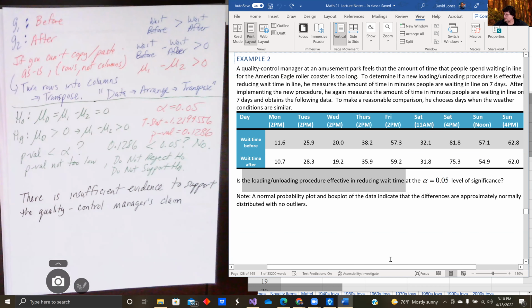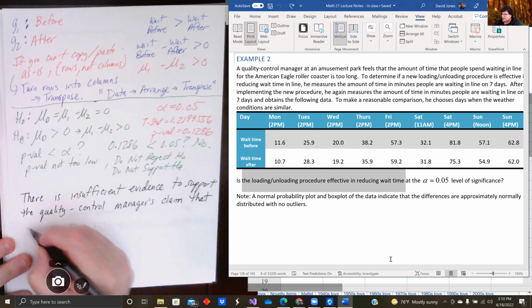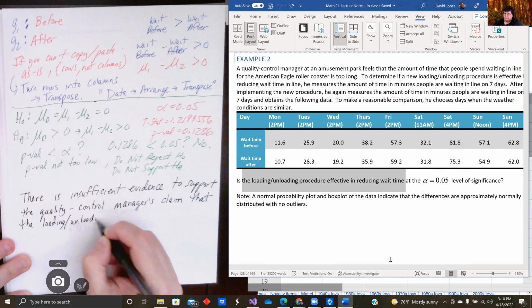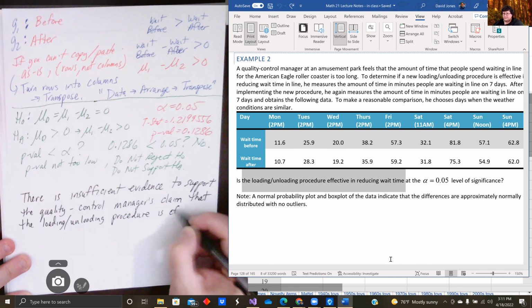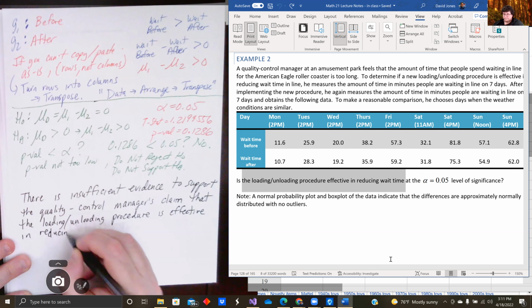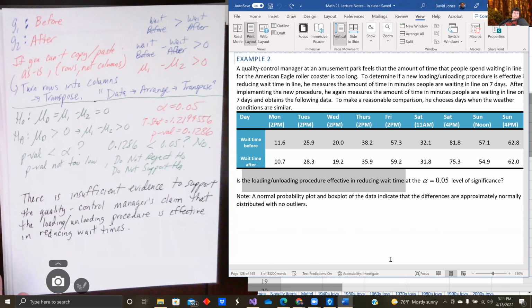That's his claim. So there's insufficient evidence to support the quality control manager's claim that the loading unloading procedure is effective in reducing wait times. Any questions on that one?